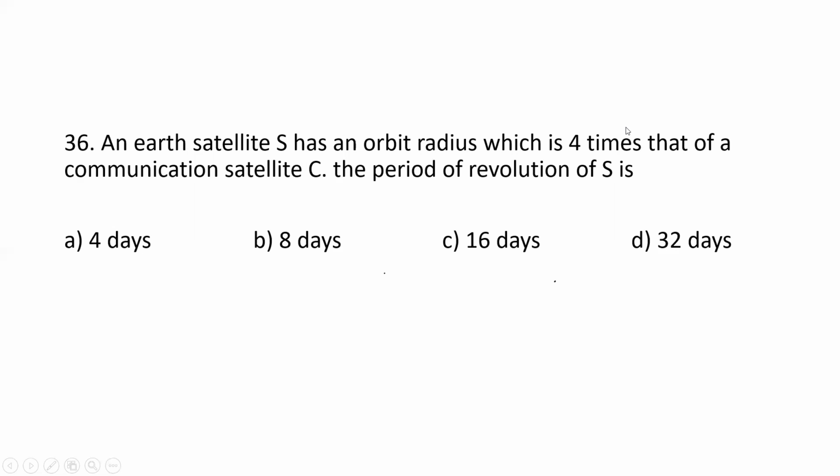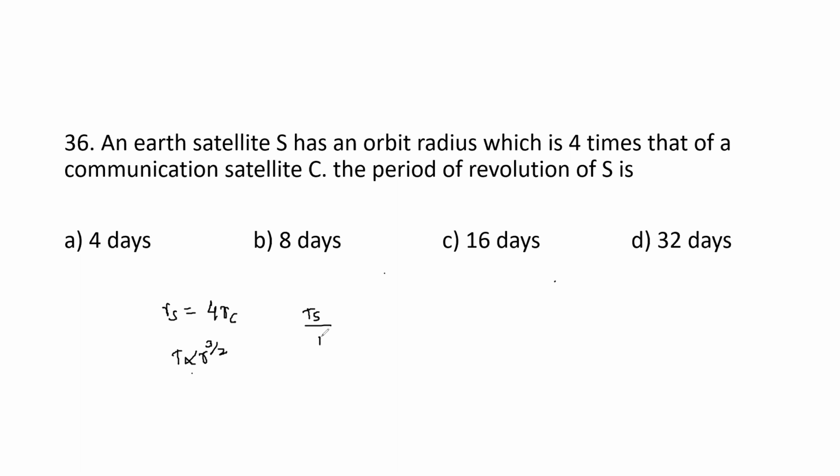Again, Kepler's law, we can use the relation between time period and the radius. The orbital radius of the satellite RS is equal to 4 into RC. So from Kepler's law, T is proportional to R to the power 3 by 2.